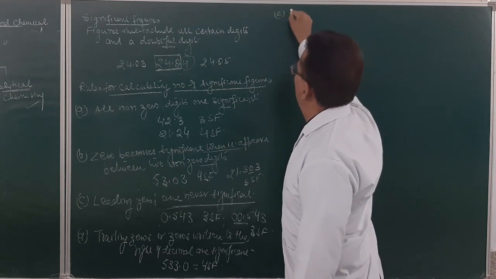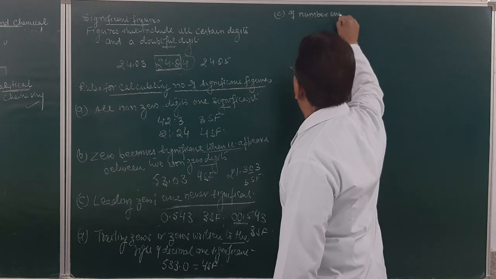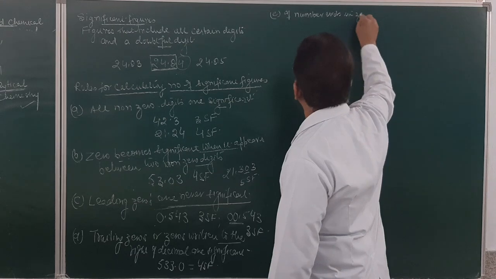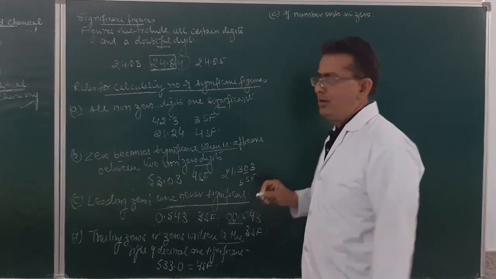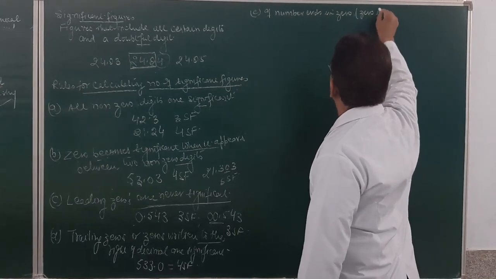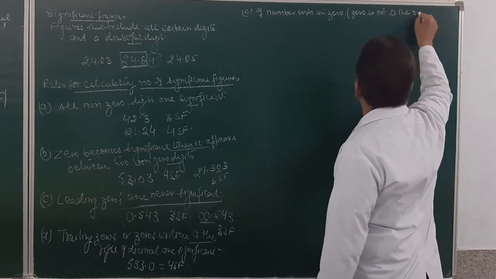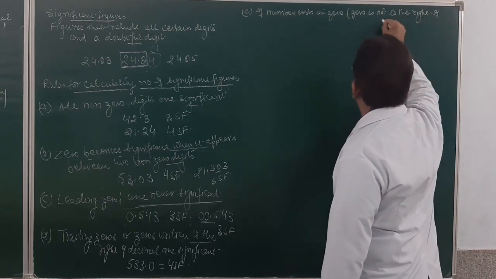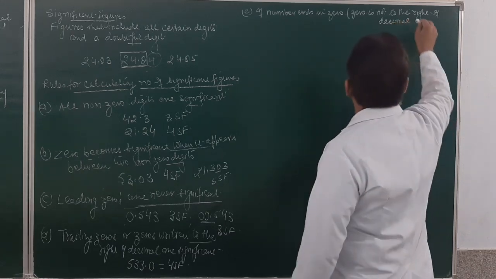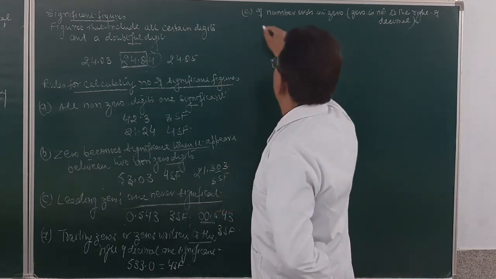So next point, if a number ends in zeros, and the zero is not to the right of the decimal, then that zero may or may not be counted as a significant figure.